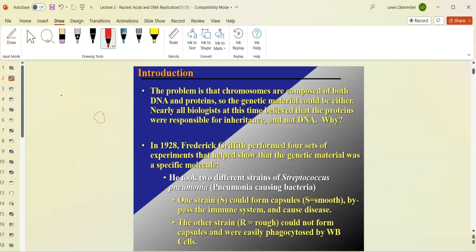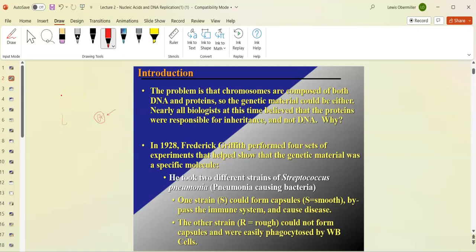So I have one strain of bacteria. Here's the bacteria inside of here, and it's surrounded by a capsule. So the receptors are actually protected, and so the immune system has a hard time defending against it.